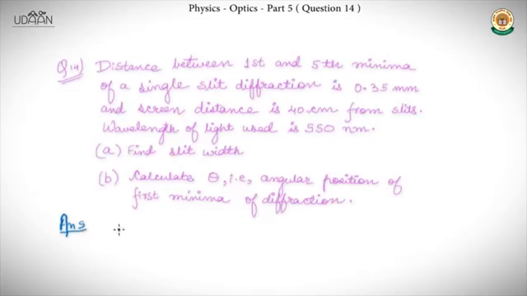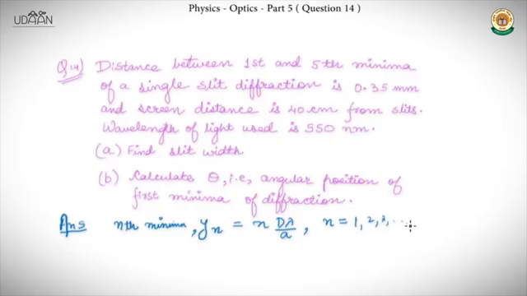Now, as we know, for the nth minima in diffraction we have y_n equal to n D lambda by a, where capital D is the distance of the screen, lambda is the wavelength, small a is the slit width, and n is equal to 1, 2, 3.